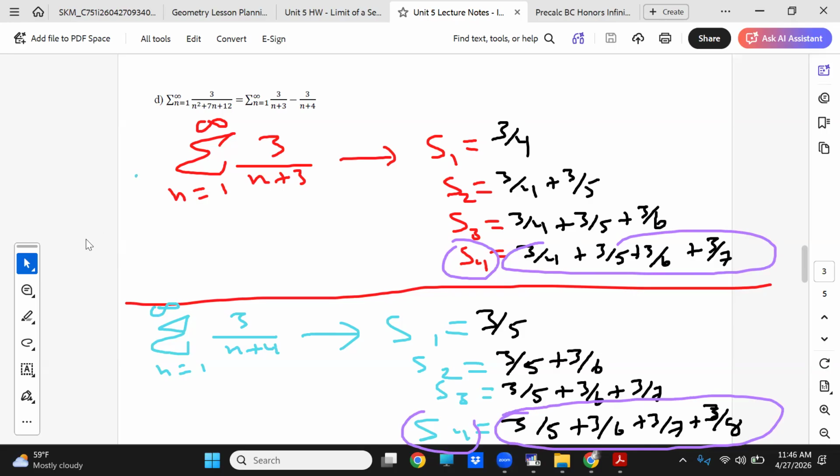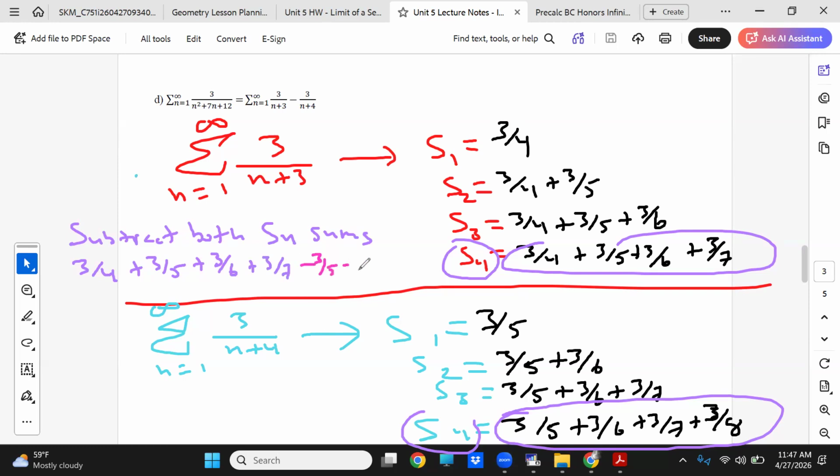So if I subtract, what do you wind up getting? 3/4 plus 3/5 plus 3/6 plus 3/7, minus 3/5, minus 3/6, minus 3/7.